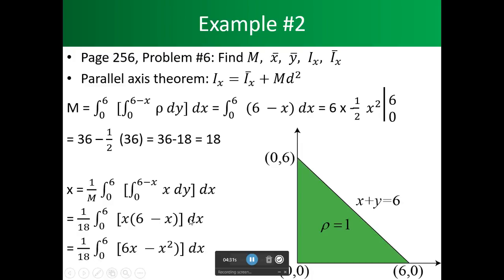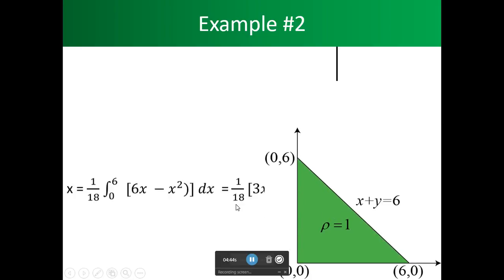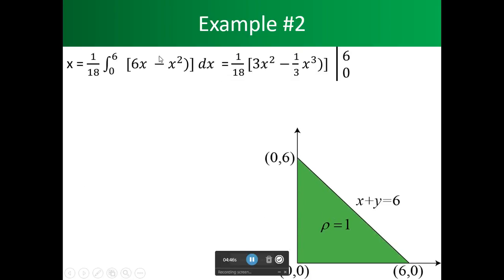So if we multiply this x out so that we can integrate easily, we have 6x minus x squared. So now we're going to take the integral of that in reference to dx. And so 6x becomes 3x squared, because it's going to be 1/2 of the value, and this is going to be minus 1/3 x cubed.